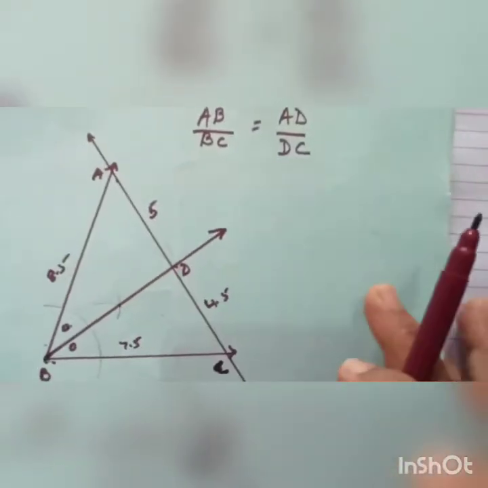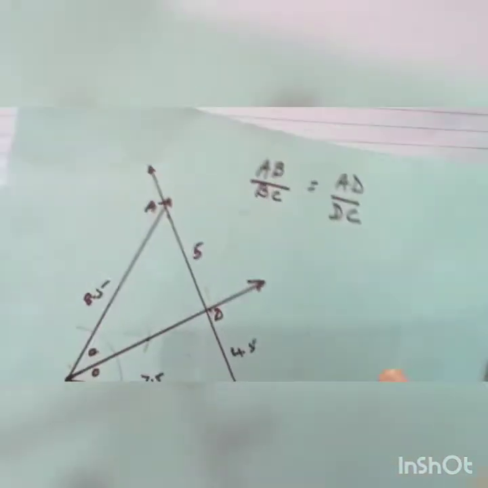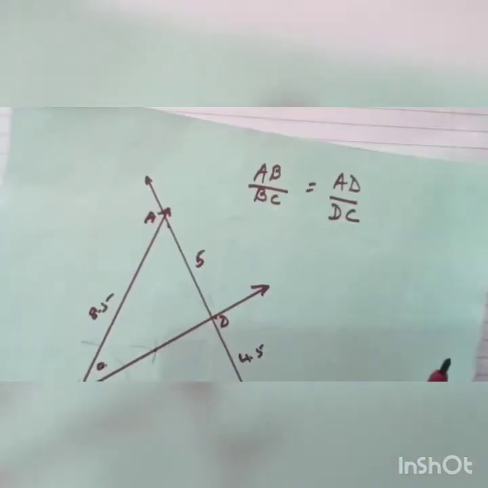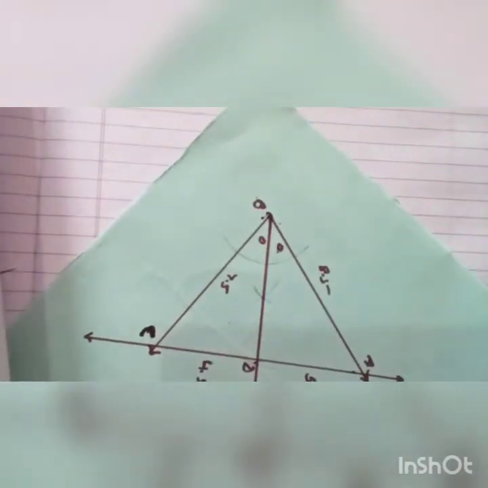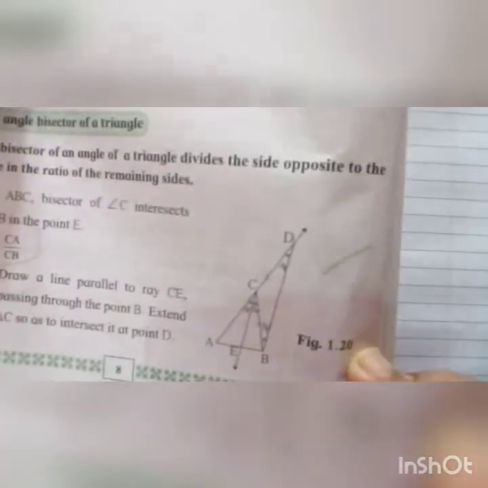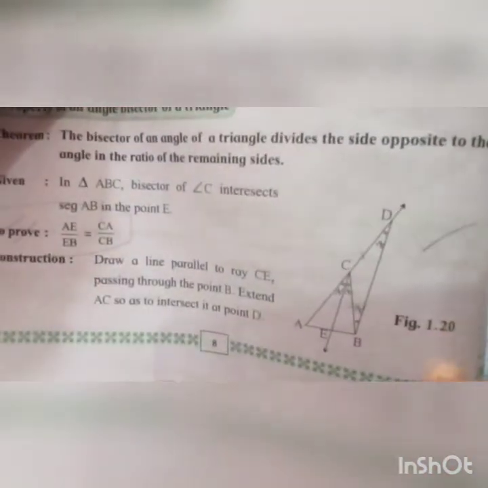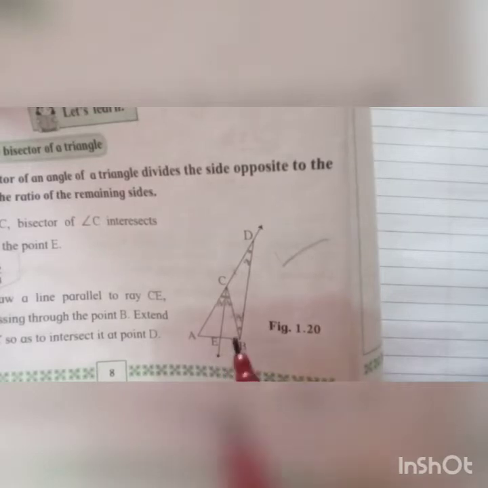Now let us try to understand the proof of it. Refer to figure 1.20 of the textbook. In the textbook, triangle ABC is shown.